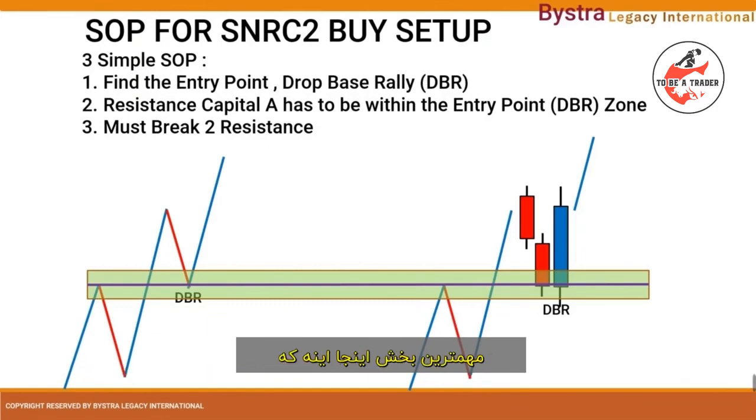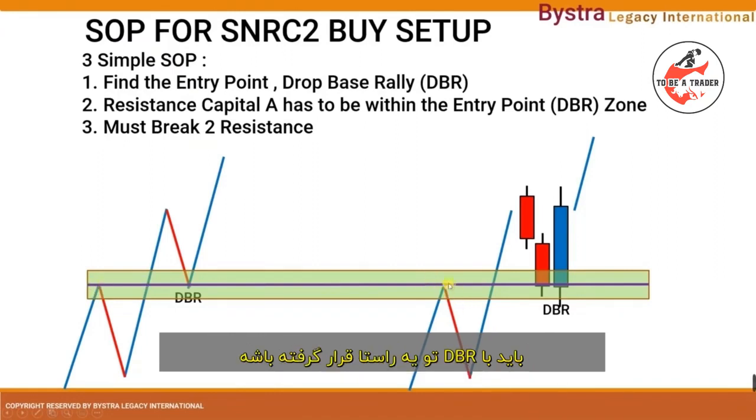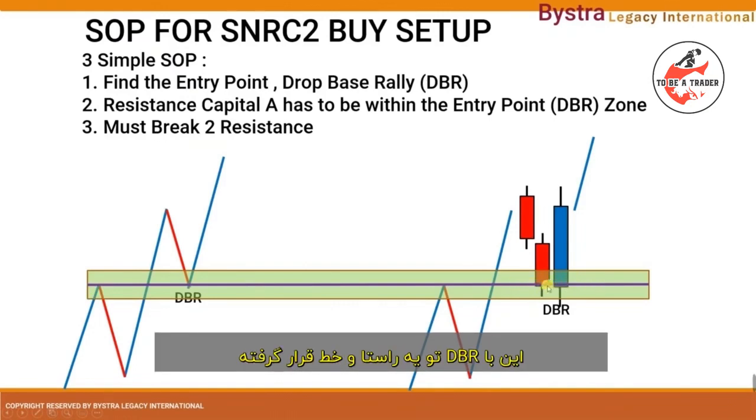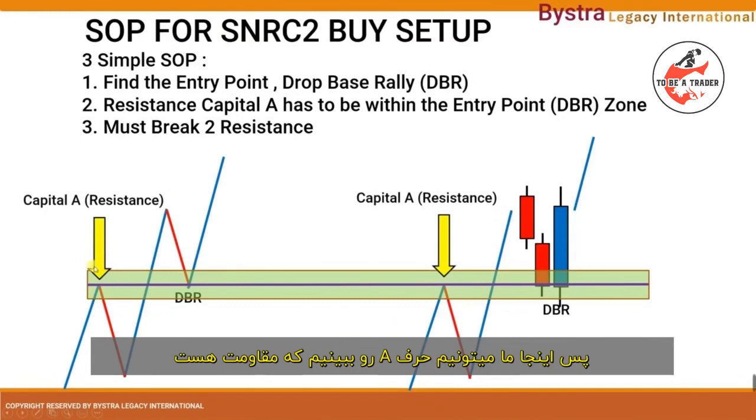Most important part here is that we need to know that this capital A, or this resistance here, must be aligned together with the drop base rally. As you can see, this is aligned together with the drop base rally. So here we can see the capital A, which is the resistance.